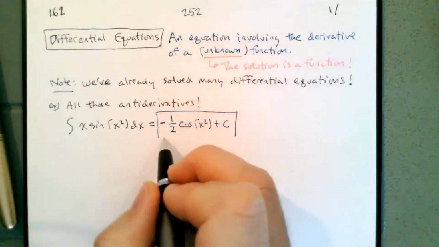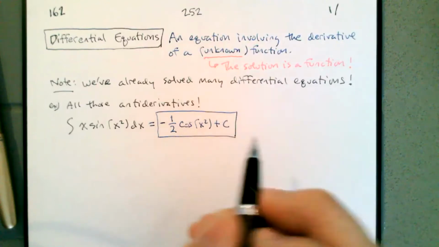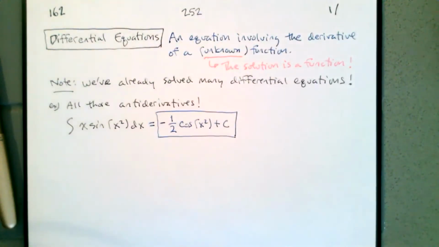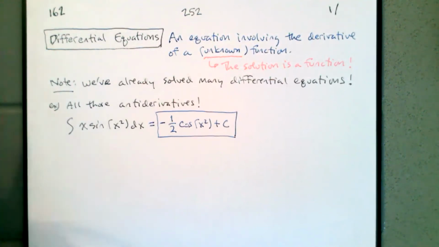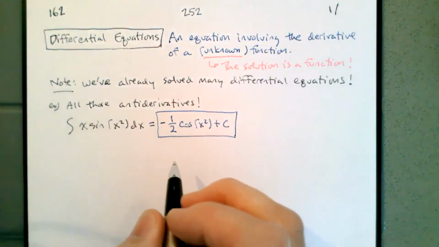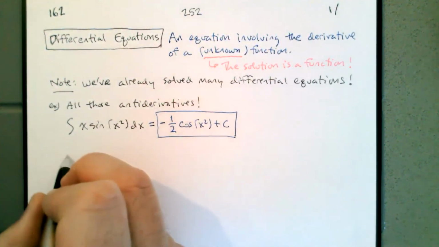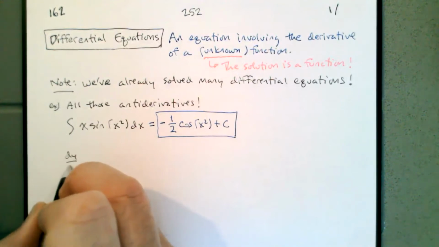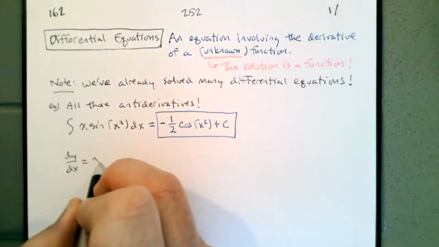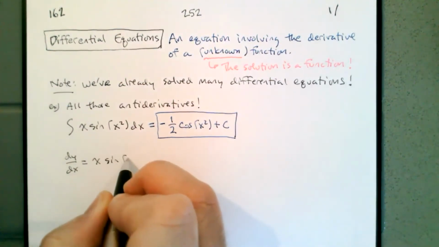So earlier I had asked you to find the antiderivative or the indefinite integral of x sine x squared. We can also frame this same question as a differential equation. We usually don't, but we could. So this could be also framed as a differential equation that says dy/dx is equal to x sine x squared.